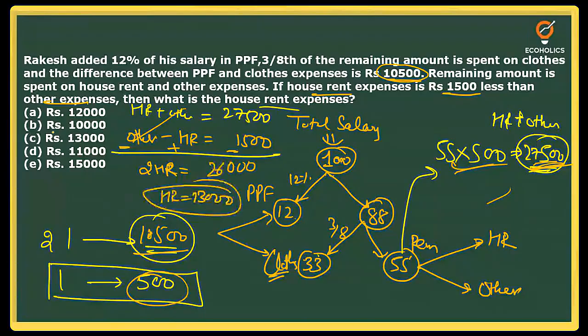How much will it be? C option, 13,000. So in the end, it was a little bit tricky part here. So read the line carefully. It was house rent expenses is 1,500 less than the other expenses. So then what is the house rent expenses? So you can find easily.